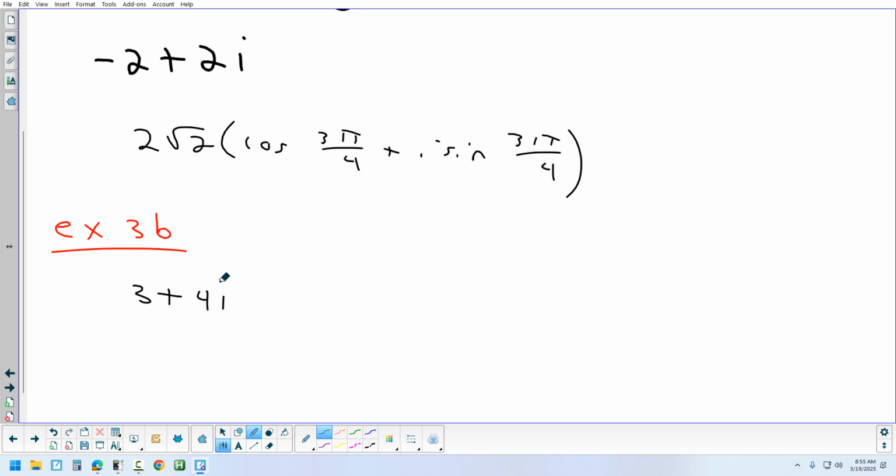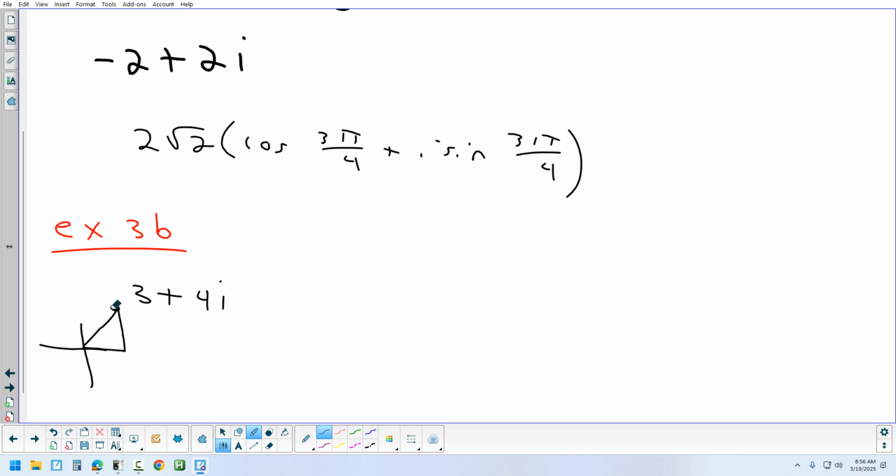Okay. That's not trig form. Does anyone remember what we call that one? Standard. That's standard form. Standard form tells you left and right movement, and then up and down movement. So it's right 3, up 4, and you're making a triangle.